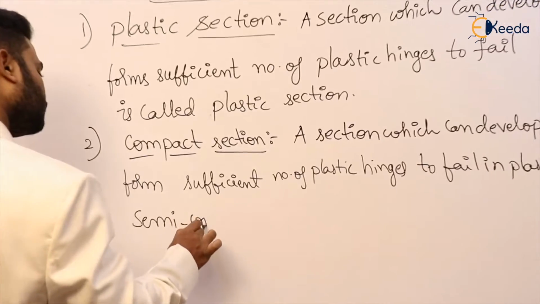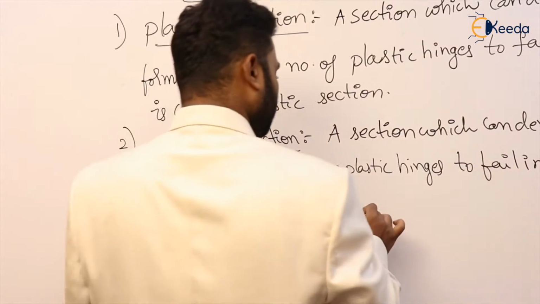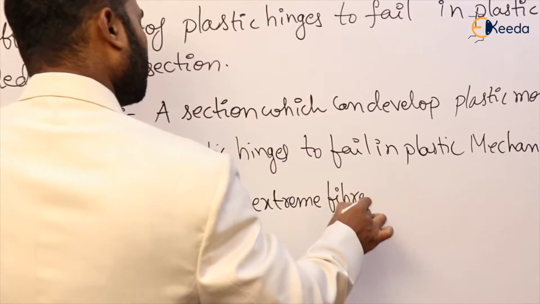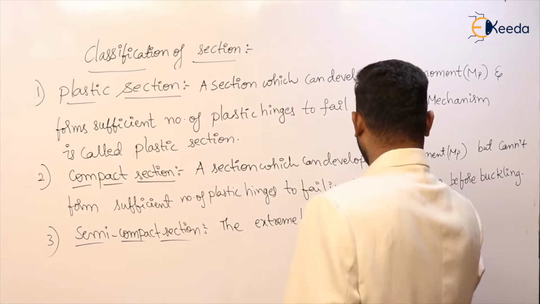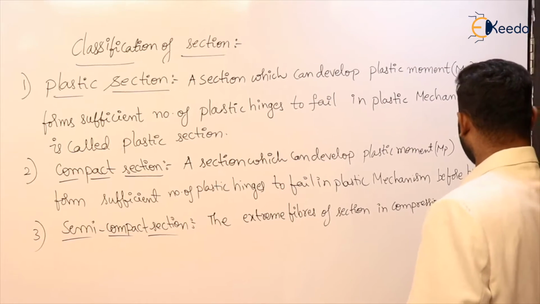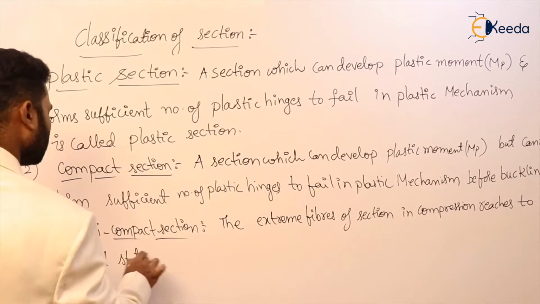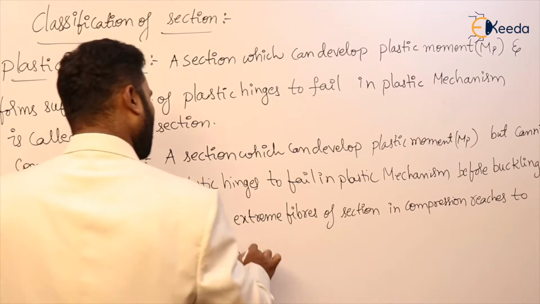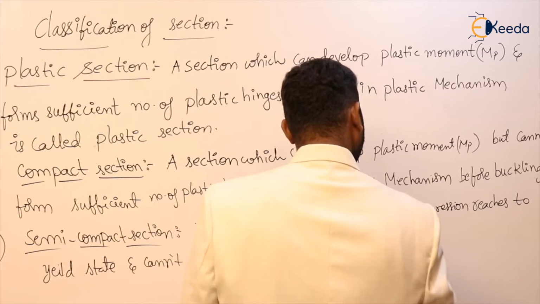Next, third, semi-compact section. The extreme fibers of the cross section in compression reach the yield state, and the section cannot develop plastic moment before local buckling.